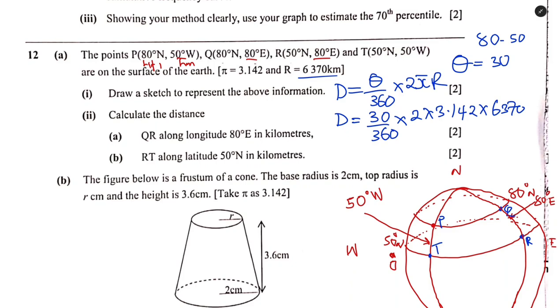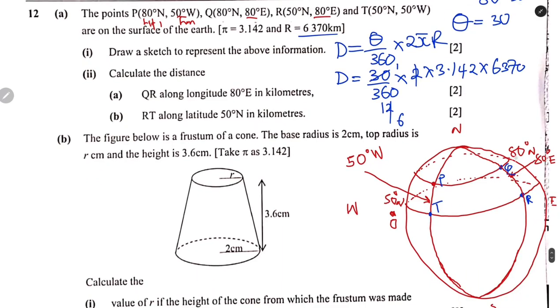Now, after multiplying here, what are you going to have? Here you can still reduce 30 into 360. This one should give us 1 over 12. So if you want, you can reduce it that way. And of course, this one and that one can be 6. So which means what you have.